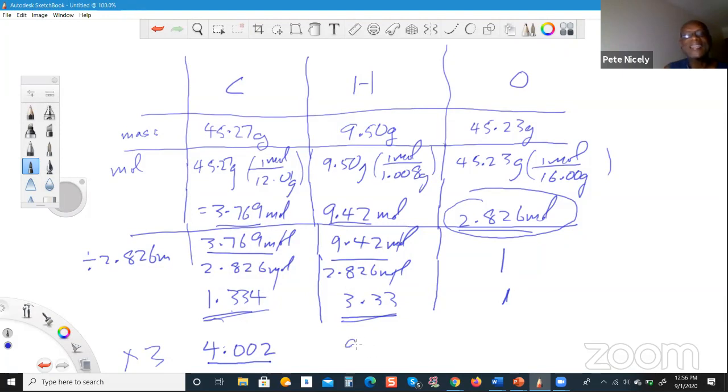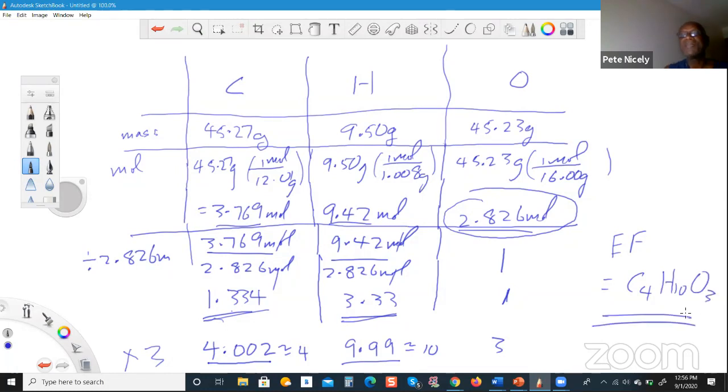We get 9.99, which again is very close to an integer. And then finally, when we multiply 3 by 1, we're going to get 3. So because these two are close to integers, we can just basically round them off. In this case, round this off to 4, round this off to 10, and therefore the empirical formula becomes C4H10O3. And that's basically how that is done.